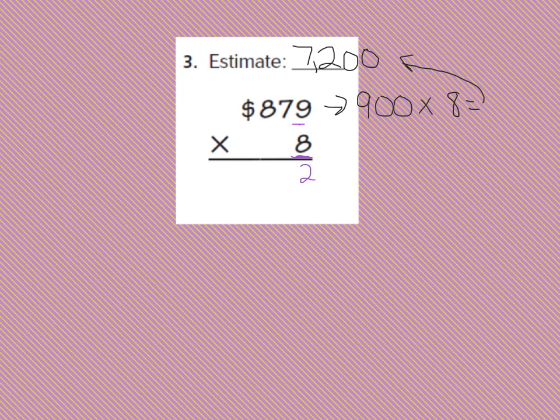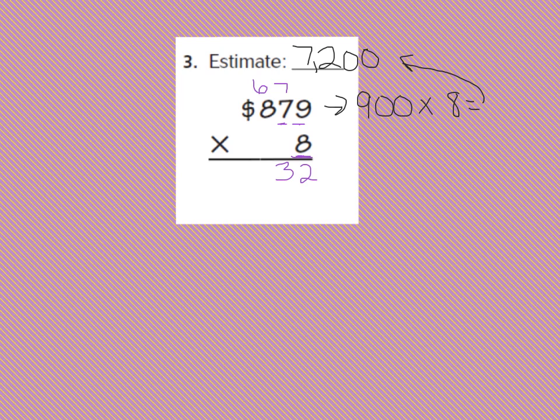I'm going to drop down my 2, regroup my 7 tens. Now I need to multiply my 8 times my tens place. 8 times 7 is 56, and 56 plus 7 is 63. So I'm going to drop down my 3 and regroup my 6.